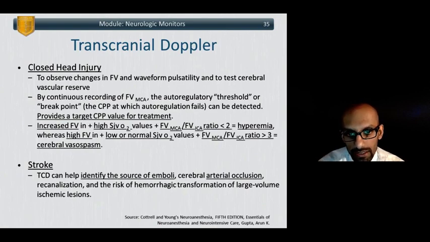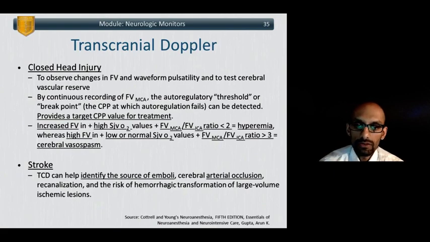Increased flow velocity with increased saturation of jugular venous oxygen levels, and a flow velocity ratio of the MCA to the internal carotid of less than 2, ultimately point to hyperemia.